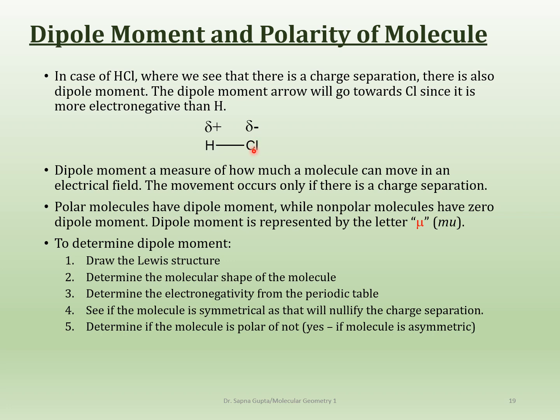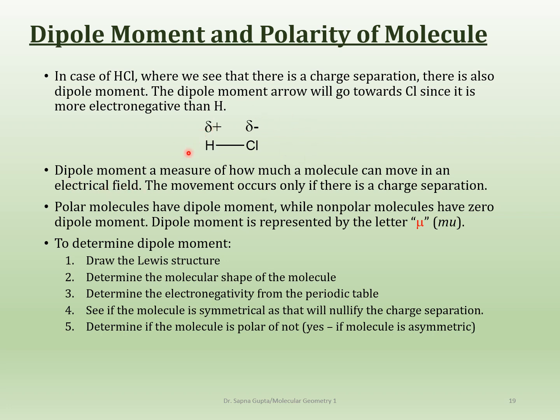So we need something that is electronegative, which is fine, but you also need a shape that will help you determine if you're going to have dipole moment or not, because some molecules may not have a dipole moment even though they have polar bonds.